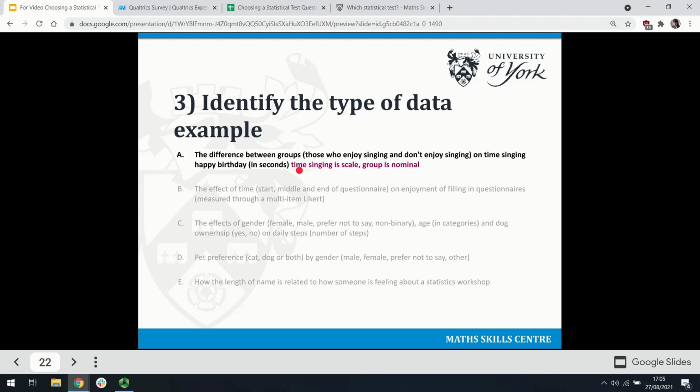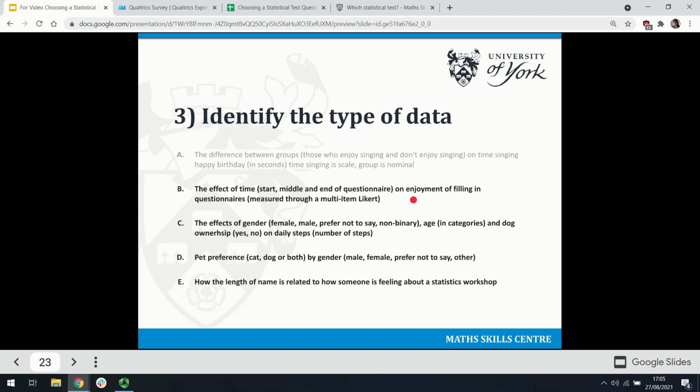Any value is possible. And in theory, you could have a really high value. Whereas the group, so whether people enjoy singing or don't enjoy singing, that's nominal. So we've got two different types of data there.